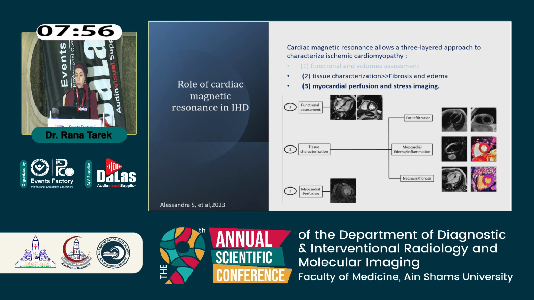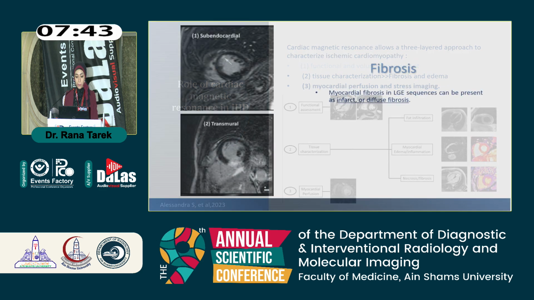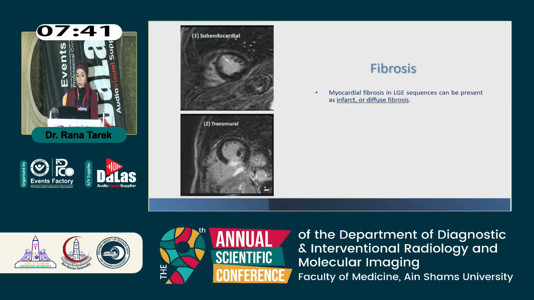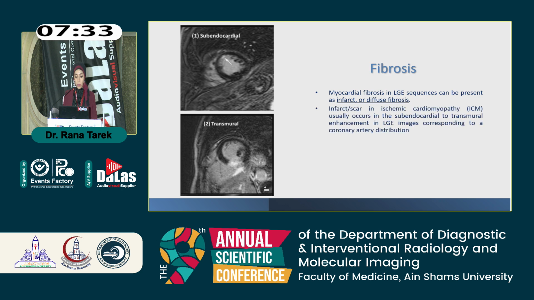I will not talk about the functional and volume assessment. As we've mentioned, cardiac MRI is already the gold standard technique. I will focus in the next slides on tissue characterization and stress imaging. For fibrosis in ischemic heart disease, it can be a scar, an infarct, or diffuse interstitial fibrosis. The scar in ischemic cardiomyopathy is usually subendocardial.